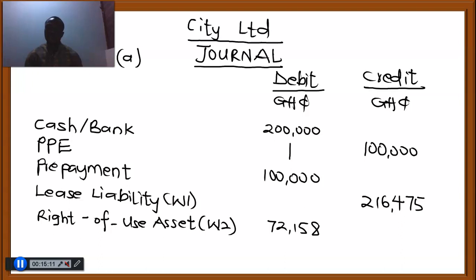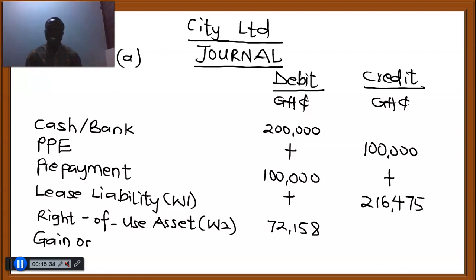Then what we do is to sum up the debit balances and the credit balances and see which side falls short of the other. When you do the summation, you realize that the credit side falls short of the debit side. So we have a gain. The difference will appear at the credit side.